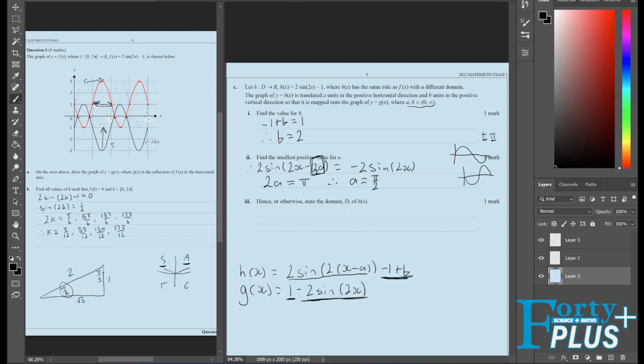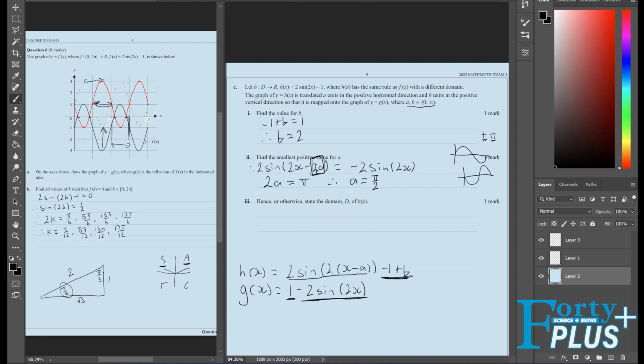The grid allows us to see nicely that there is a difference of pi on 2 in that gap. So that's the other way to find that a equals pi on 2.